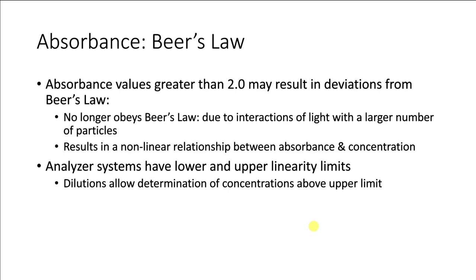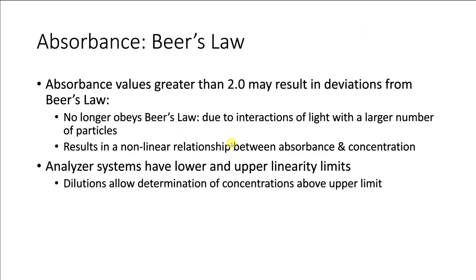And this is the biggest thing that real life screws with: Beer's law stops working when our absorbance values are greater than 2. What happens is that when Beer's law is no longer being obeyed beyond 2, when you plot out the absorbance, it starts looking like a curve. It goes straight, then suddenly starts plateauing.